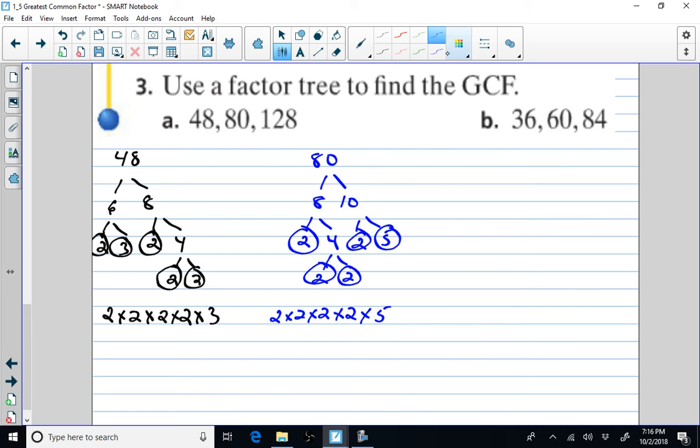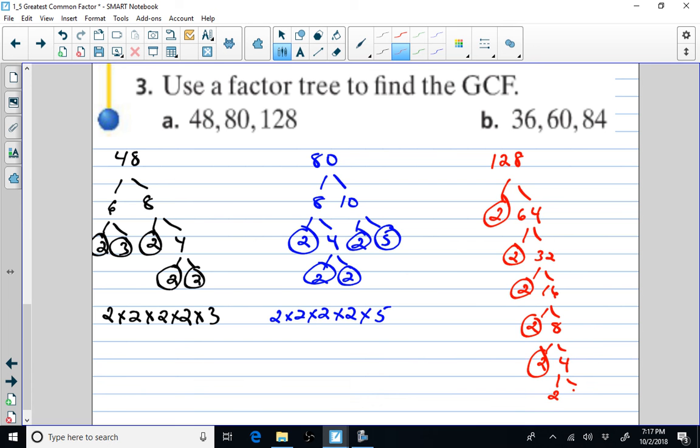And then finally I have 128. I'll write that over here. For 128, wow, what's 128? I see it's even, so I know that 128 is divisible by 2. 2 times, what would that be? 64, right? 2 times 64 is 128. 2 is prime. 64 is 2 times 32. 2 is prime. 32 is 2 times 16. 2 is prime. 16 is 2 times 8. 2 is prime. 8 is 2 times 4. 2 is prime. 4 is 2 times 2.